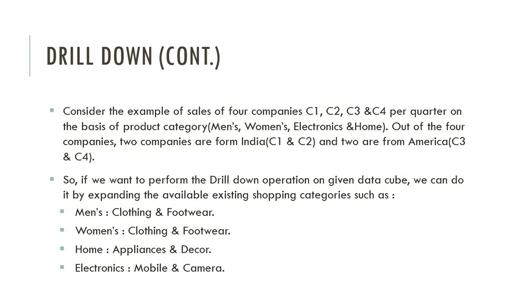So we all know that the men's can be divided into another category like clothing and footwear. Women's can also be divided into clothing and footwear. Home is categorized into appliances and decor, and electronics are categorized into mobile and camera. So in the drill down, we are going deeper.